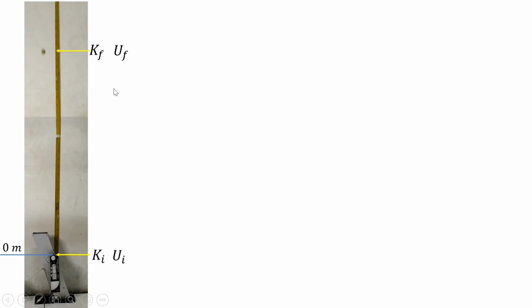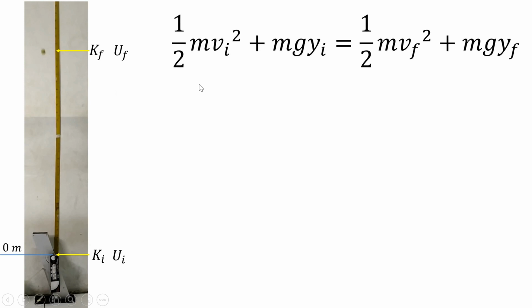We will use the energy conservation formula, and from here, we have to determine the mass of the ball. Based on the formula, we also have to get the initial velocity of the ball before it goes up, and the initial height. Since this is assigned as 0, our initial height is 0. Based on the idea of free fall, at the maximum height, the final velocity is 0, and we will also determine the height at this point.